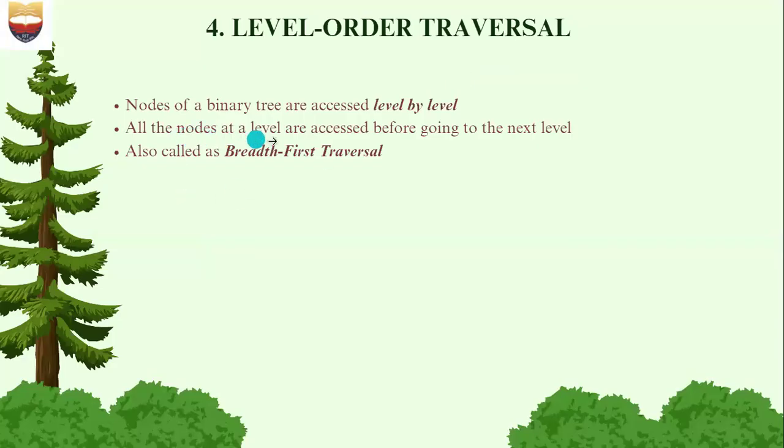All the nodes at a level are accessed before going to the next level. Once you have completed the traversal on level 0, next you can go to level 1. And after completing level 1, you can go to level 2. Likewise, you can complete each and every level of the tree. And this traversal is also called breadth first traversal.